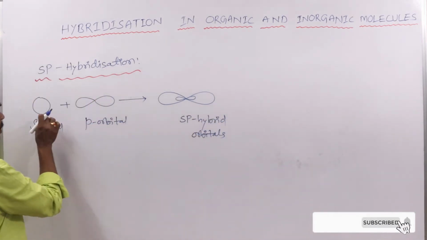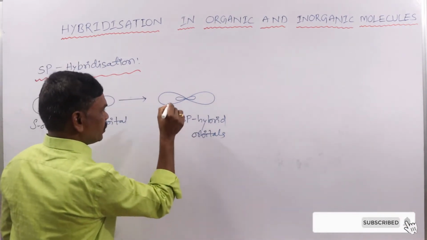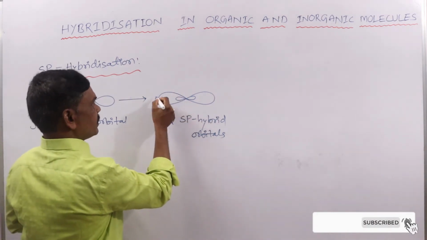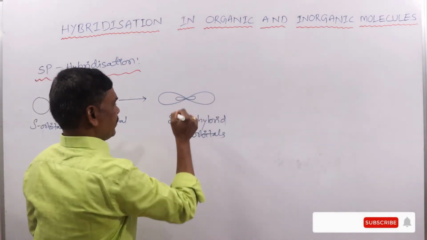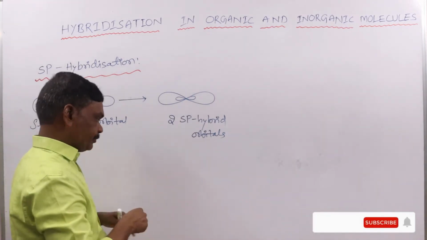How many in total? Two are involved, one s orbital and one p orbital, and here we are getting two sp hybrid orbitals. This is the notation of sp hybrid orbitals.